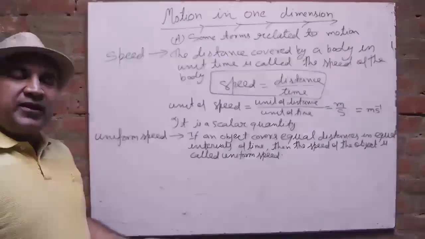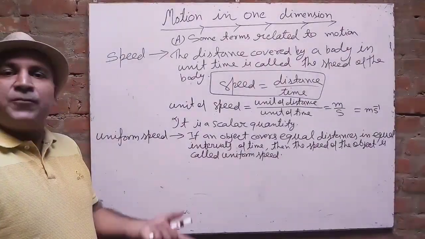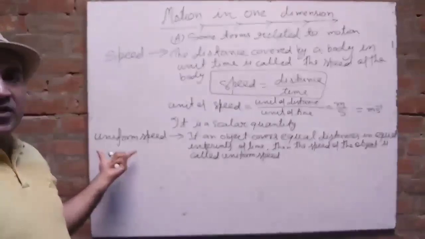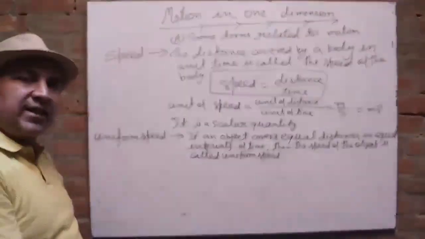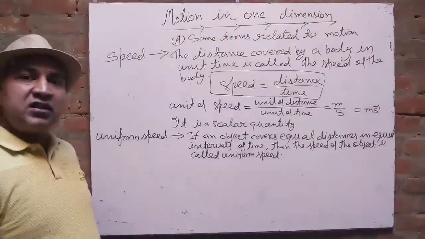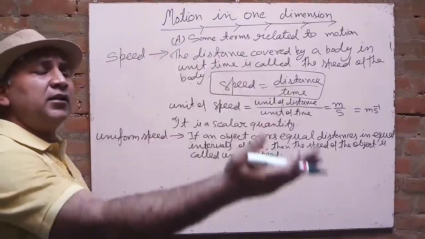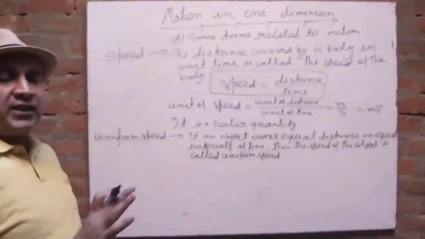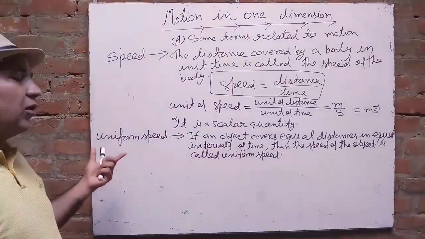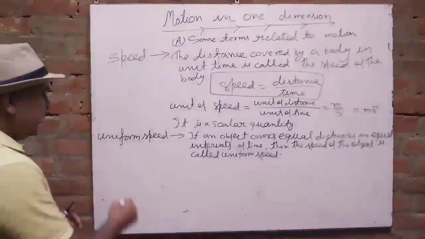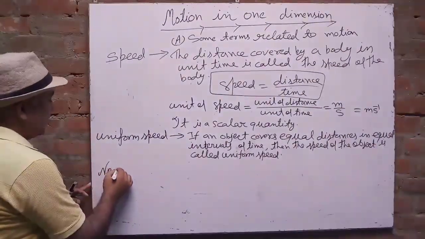Understood? The speed is not changing. Speed is fixed, that is uniform speed. Same distance in same time. Suppose 1 kilometer is traveled in 10 minutes, then again the next 1 kilometer is traveled in 10 minutes. Then that type of speed is called uniform speed. Okay? Then there will be non-uniform speed also.